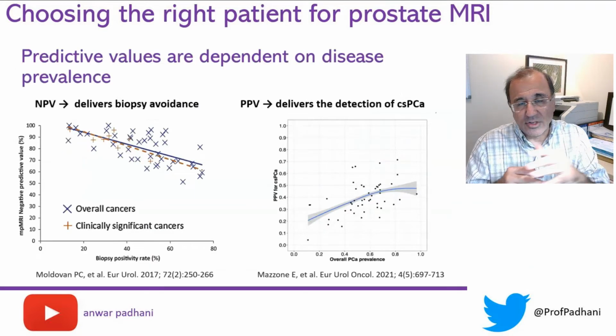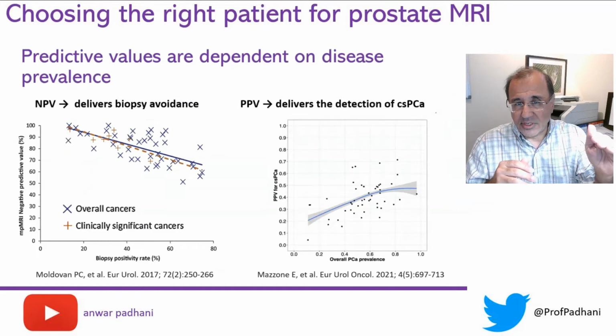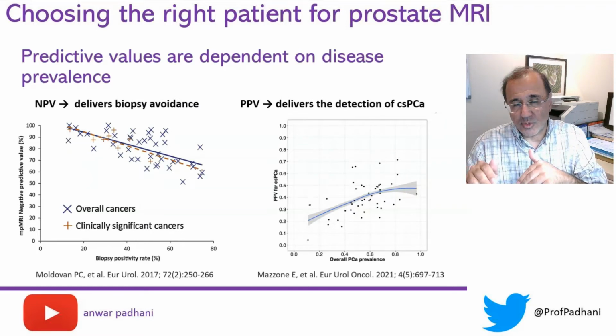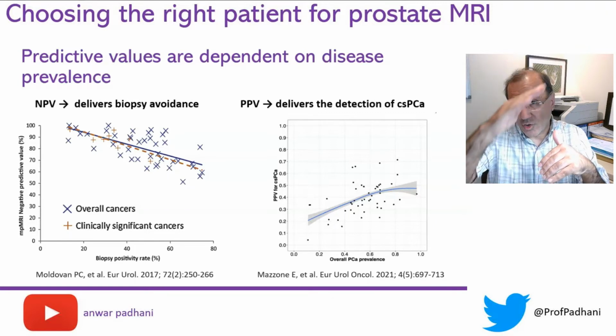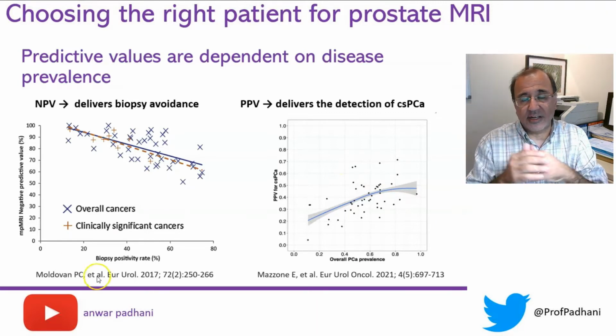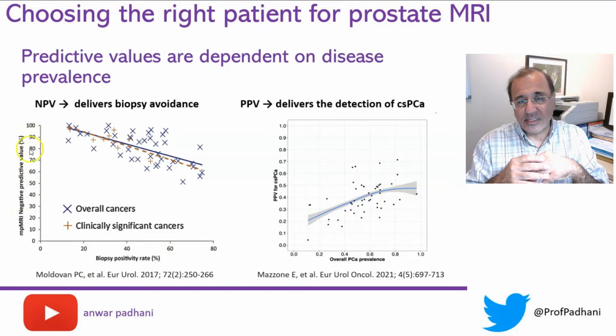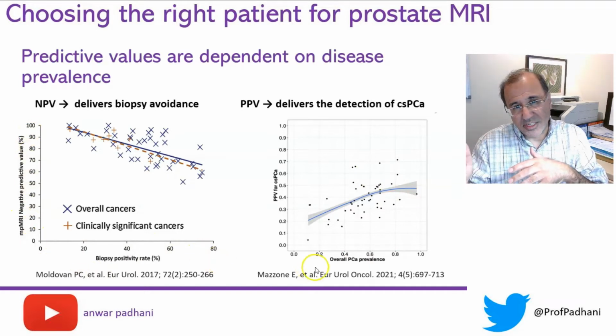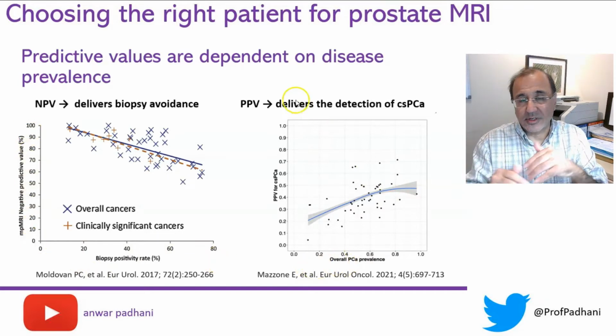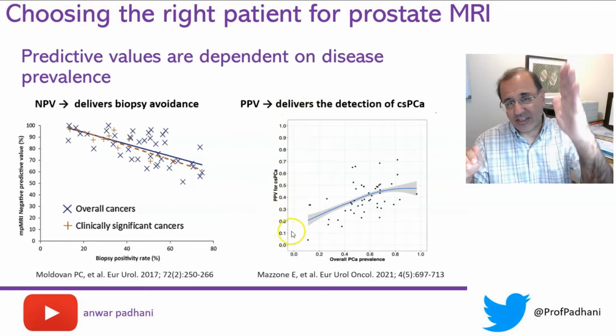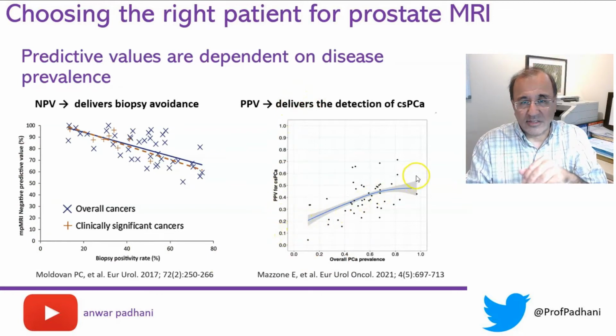On the left-hand side, you can see that the negative predictive value is highly dependent on disease prevalence. The higher the prevalence, the lower is the negative predictive value. And on the right-hand side, you can see how the positive predictive value is also dependent on prevalence. So the higher the prevalence, the greater is going to be the positive predictive value.